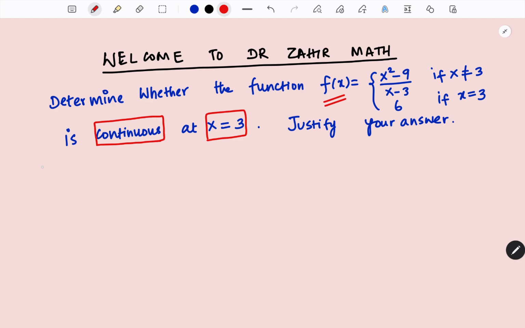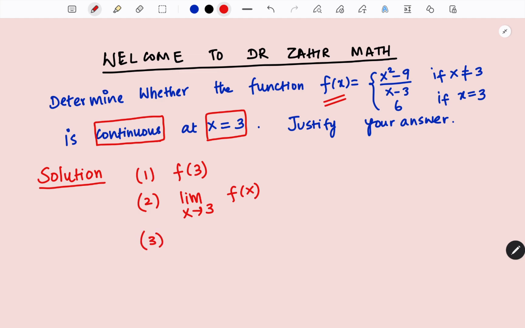To check whether the function is continuous, we need to verify three conditions. The first condition is you need to find f of 3. The second condition is you need to find the limit as x tends to 3 of f of x. The third condition is that condition 1 is equal to condition 2.